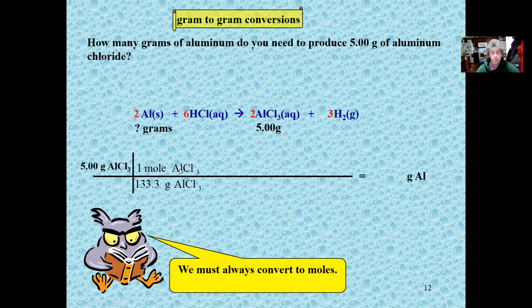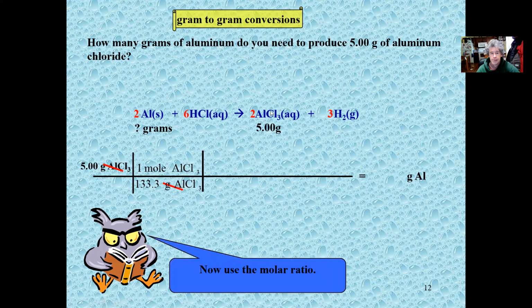So 1 mole of aluminum chloride is 133.3 grams of aluminum chloride. Grams cancel and we're left with moles. And then we have the mole ratio step, 2 moles of aluminum over 2 moles of aluminum chloride. And then finally, we go from moles of aluminum to grams of aluminum after we've canceled the moles of aluminum chloride.